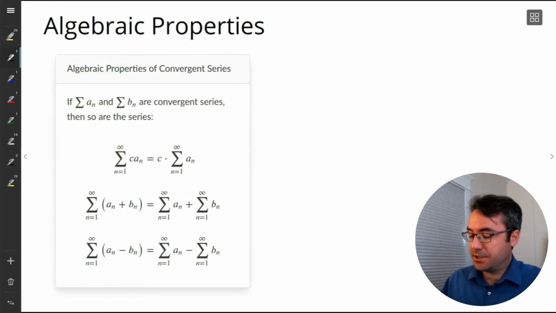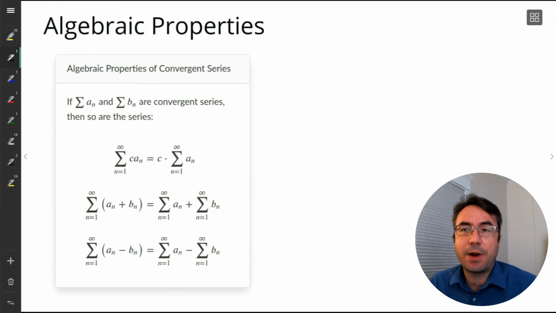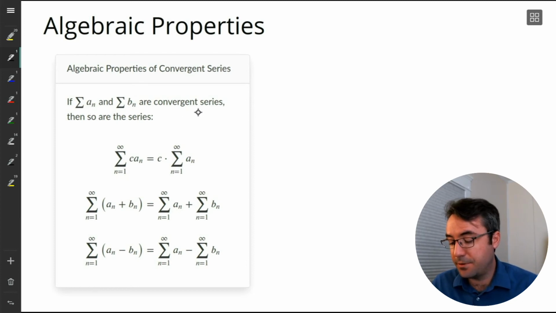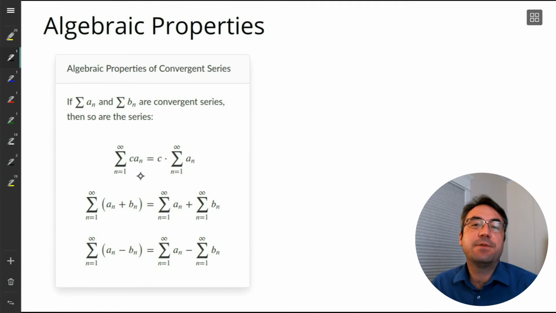All right, so let's just talk about some of the algebraic properties for convergent series. If we have two series, sigma a sub n and sigma b sub n, and we know they're convergent, then they behave very nicely with addition, subtraction, and constant multiplication.